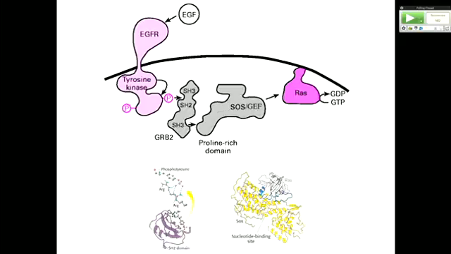When these are brought to the membrane by virtue of the existence of this phosphorylation site, RAS can now be activated. So the mechanism of activation is autophosphorylation creating magnetic docking sites for effectors, one of which is this complex of adapter and GEF for RAS.